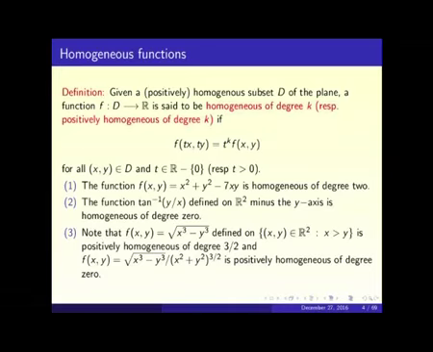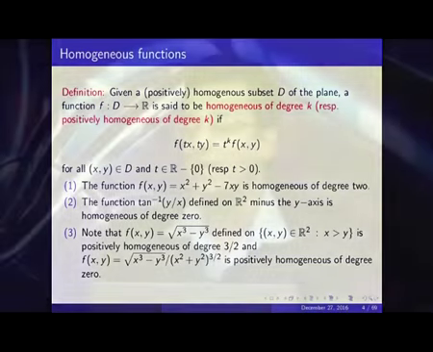Tan inverse of y by x is the same as tan inverse of ty by tx. In other words, f(x, y) equals f(tx, ty). So this is a function which is homogeneous of degree 0.